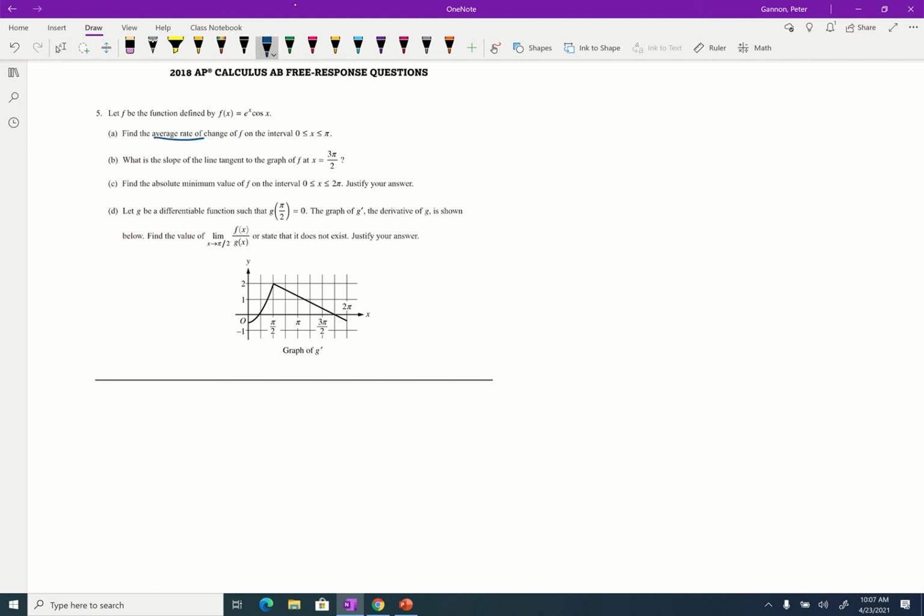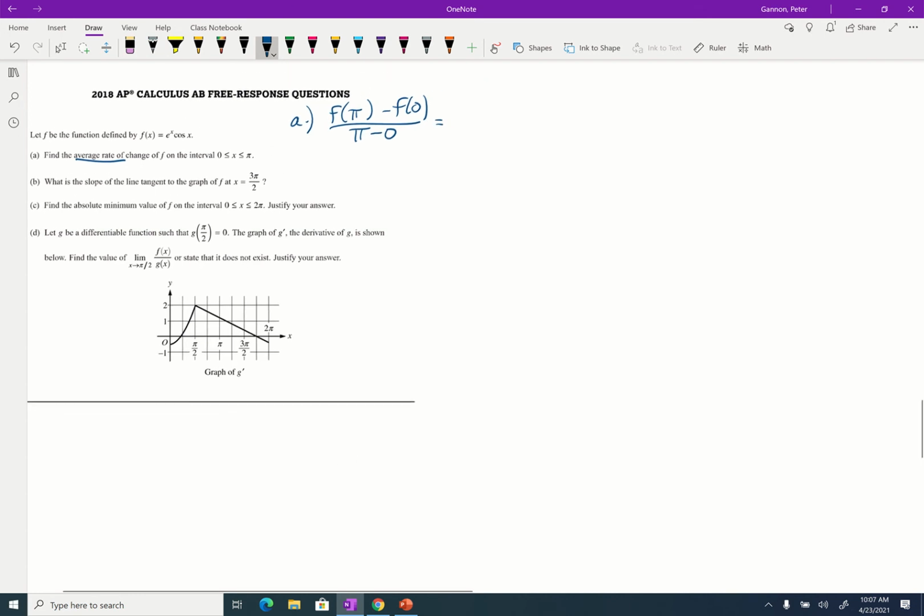Now, average rate of change means slope of the secant line. So for part A, we basically are going to need f of pi minus f of 0 over pi minus 0. All right, that's how we're going to find the average rate of change, the slope of the secant line.